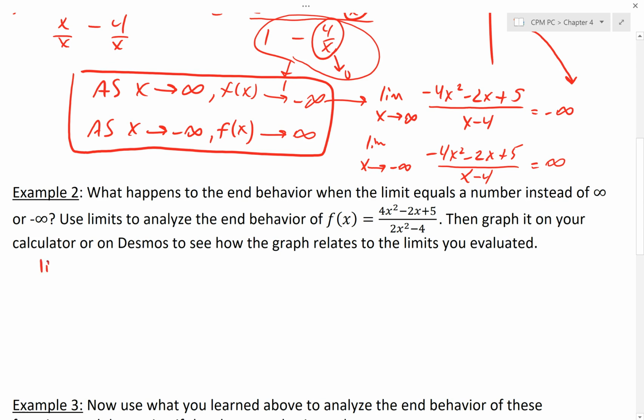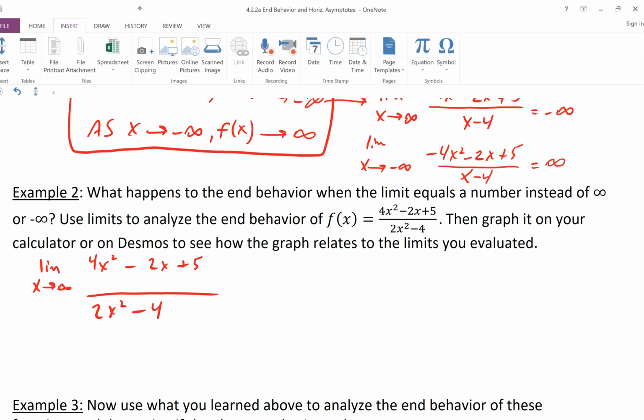If we look at the limit as x approaches infinity of 4x squared minus 2x plus 5 over 2x squared minus 4, the highest power of x that I see in the denominator is x to the second power. So I'm going to divide everything by x to the second power.